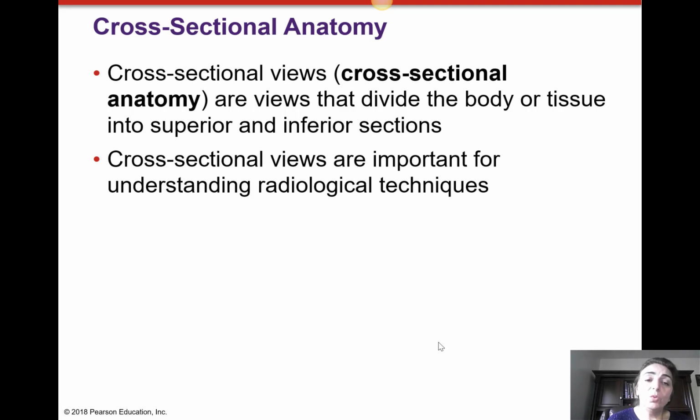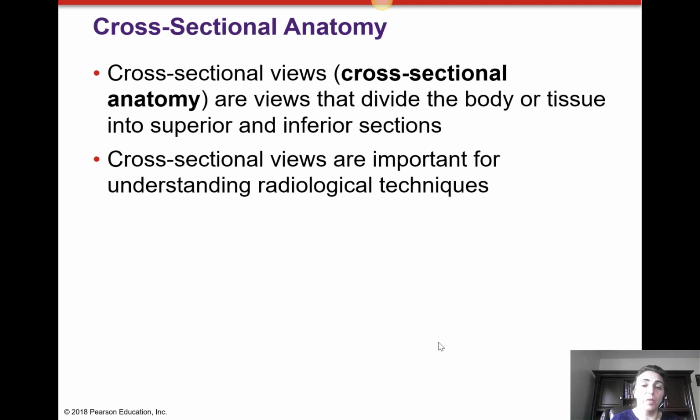So cross-sectional views or cross-sectional anatomy are views that divide the body or tissue into superior and inferior sections. Like if it is a complete body, if you cross-section it, it means that you cut it in a transverse section.